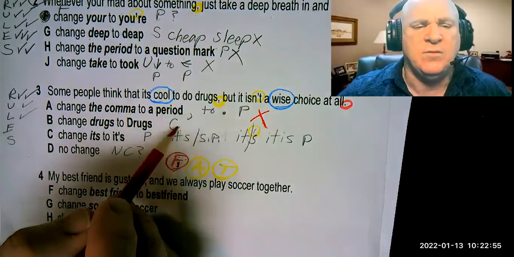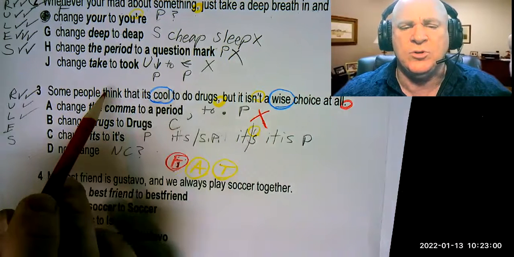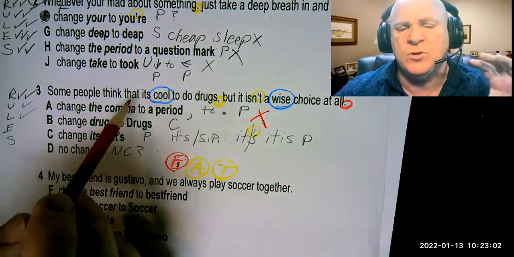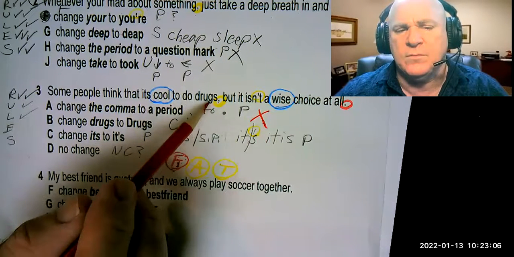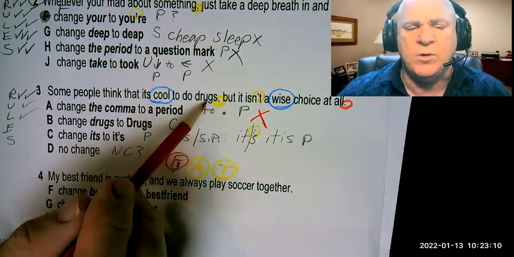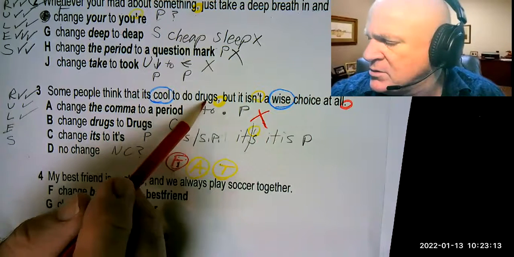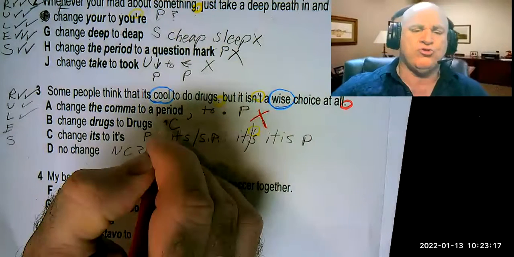So let's see, some people think that it's cool to do drugs. Since the drug is not named, not generic, it's just common, we would not do that because they don't have a specific drug.